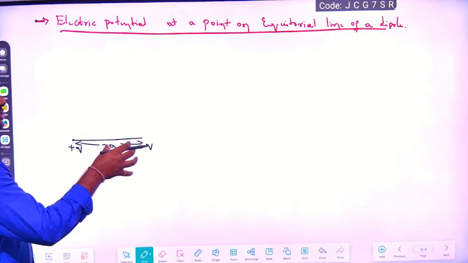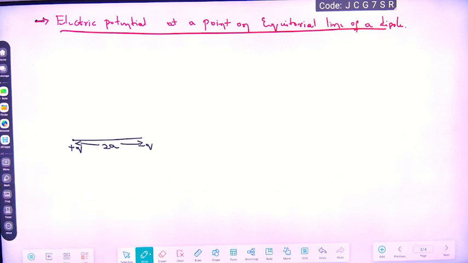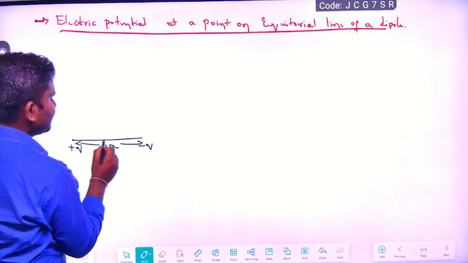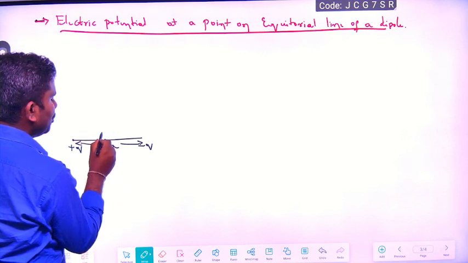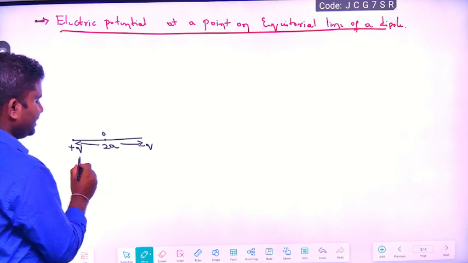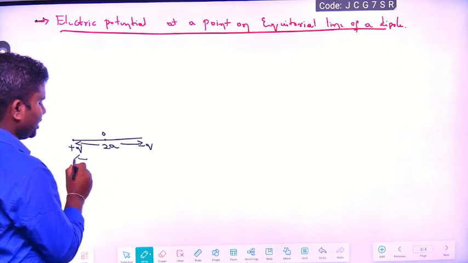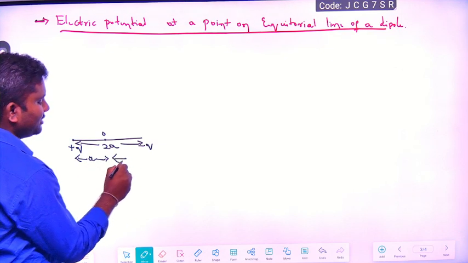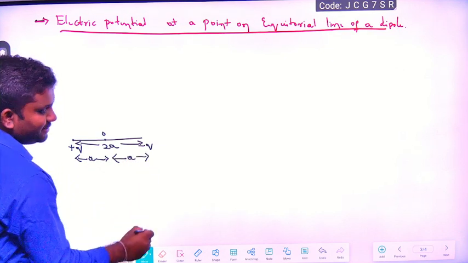Understood? Now, this is the center of the dipole, O, or I can take C. The distance of the positive charge from the center of the dipole is a, and the other one is also a, because it is the center.